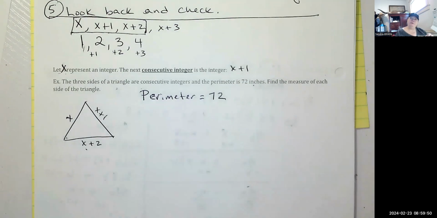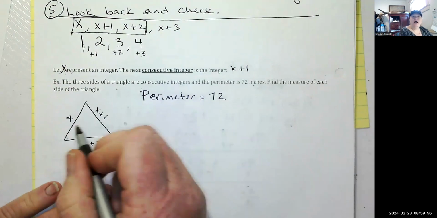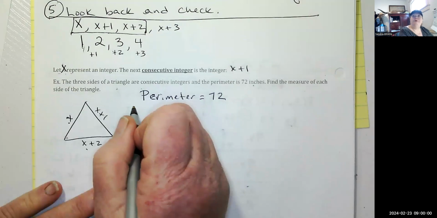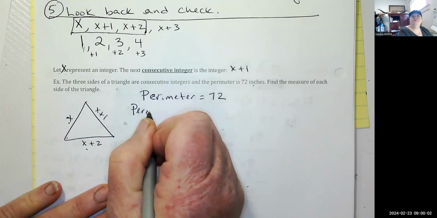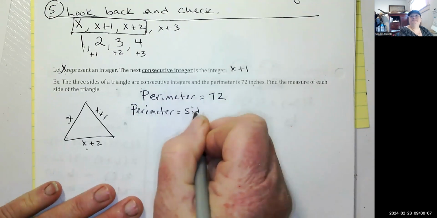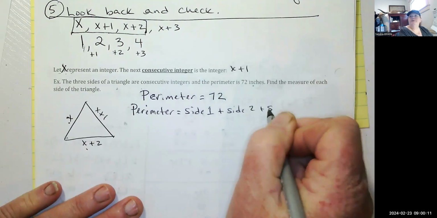To find the perimeter of any polygon, you have to add up all the sides. So the perimeter is equal to side 1 plus side 2 plus side 3.